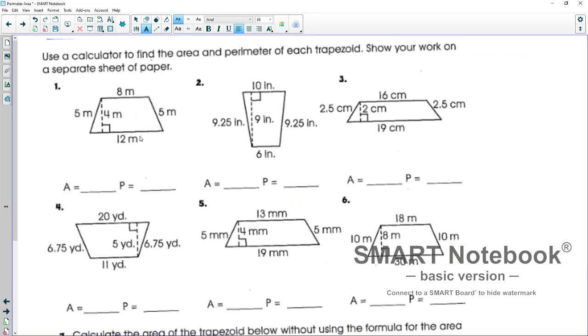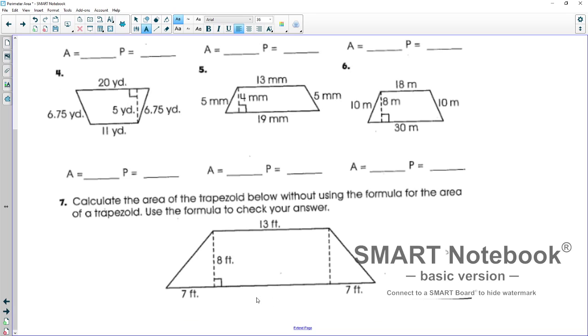This is the homework, okay? It gives you all the information you need, except for the last one problem. Right here, I want you to think before I give you the answer. All the other ones have the bases, right? 30, 18, 20, 11.